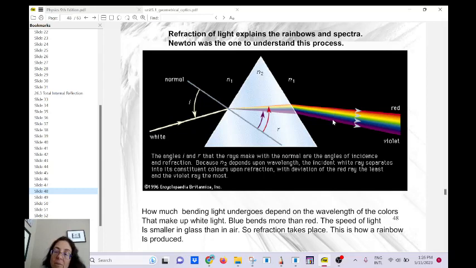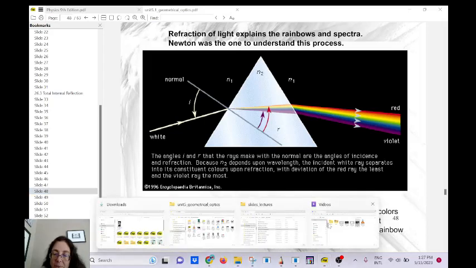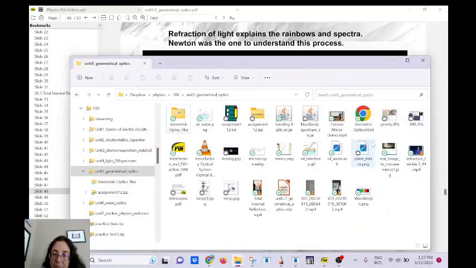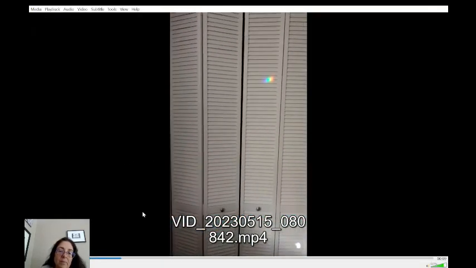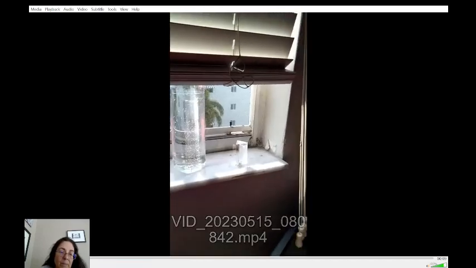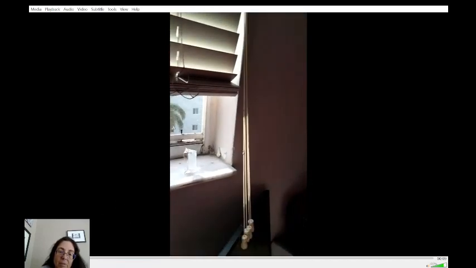In diamond, you have a very large dispersion. It depends on the glass. For example, with a crown glass, you can have a nice rainbow. Here you have a small demo. You can buy a prism very cheaply from the internet.